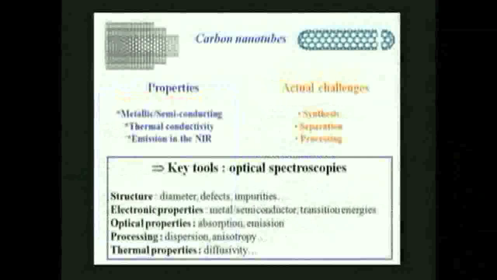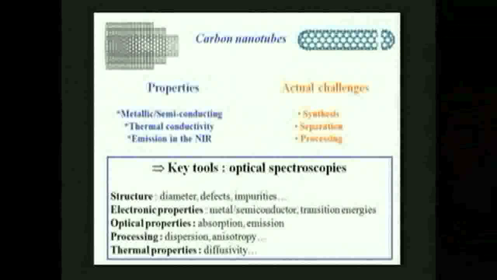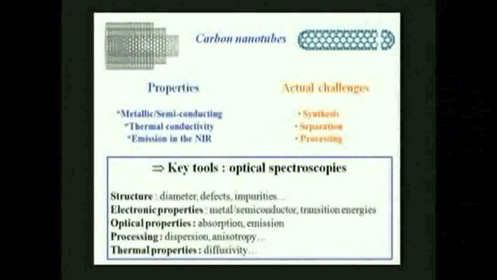So the course will try to give some answers to these challenges. And we will especially focus on optical spectroscopies, which are widely used as powerful tools to study not only the optical properties, but also the electronic properties.